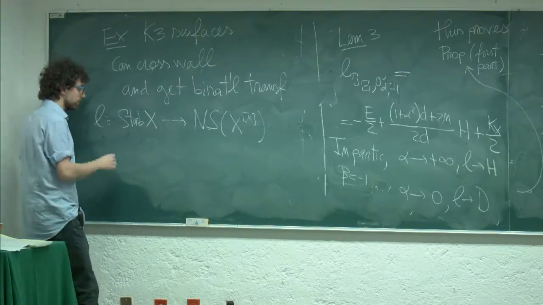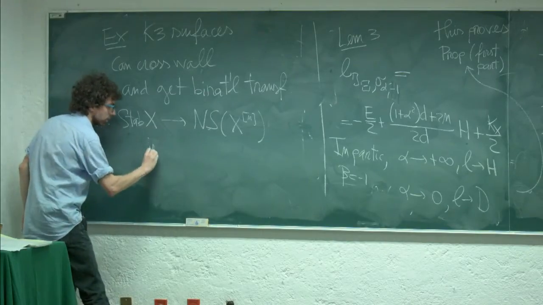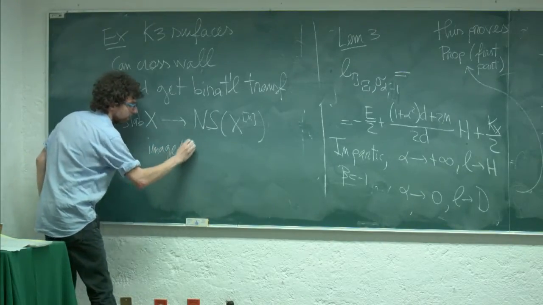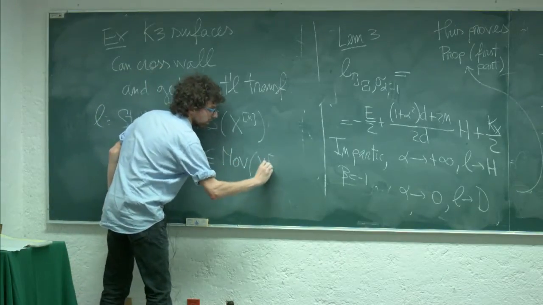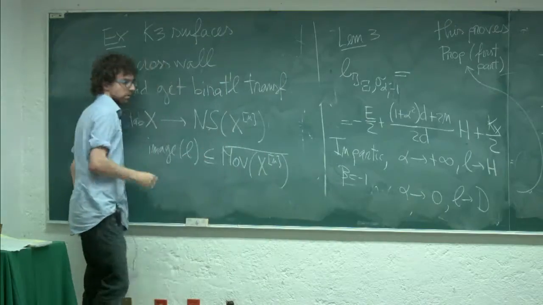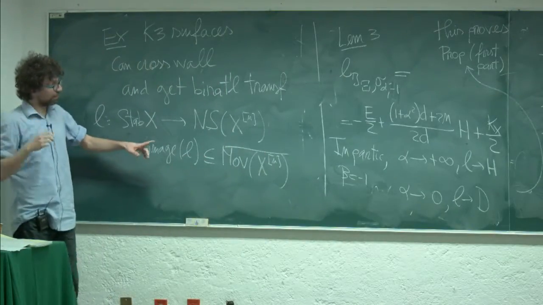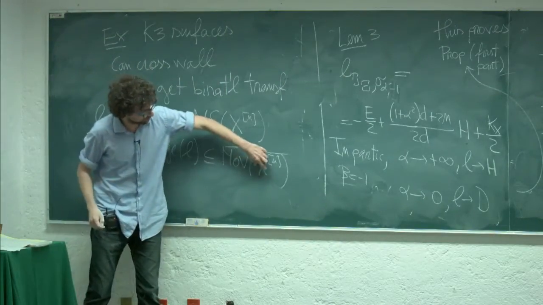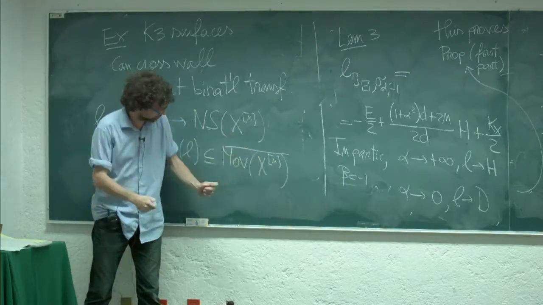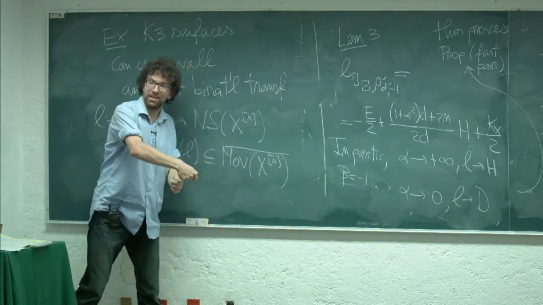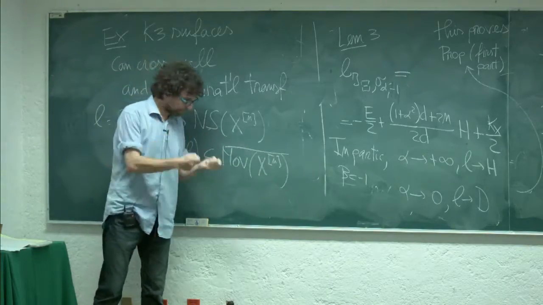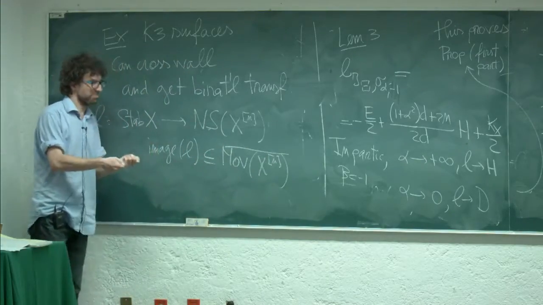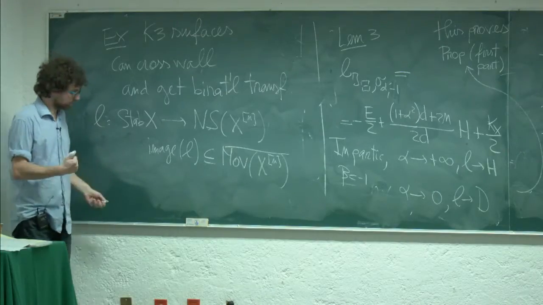And what you can prove is that the image of the map L is contained in the closure of the movable cone. And you can prove that every birational model of this guy which is also K-trivial is going to appear as a moduli space. You can also describe what happens at the boundary. Whenever you expect that something is semi-ample, it's going to be semi-ample. So it's a bit stronger version.